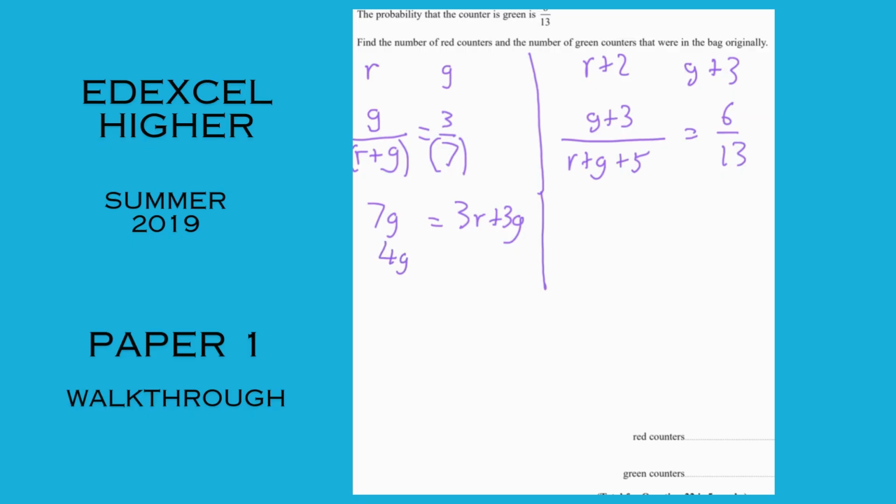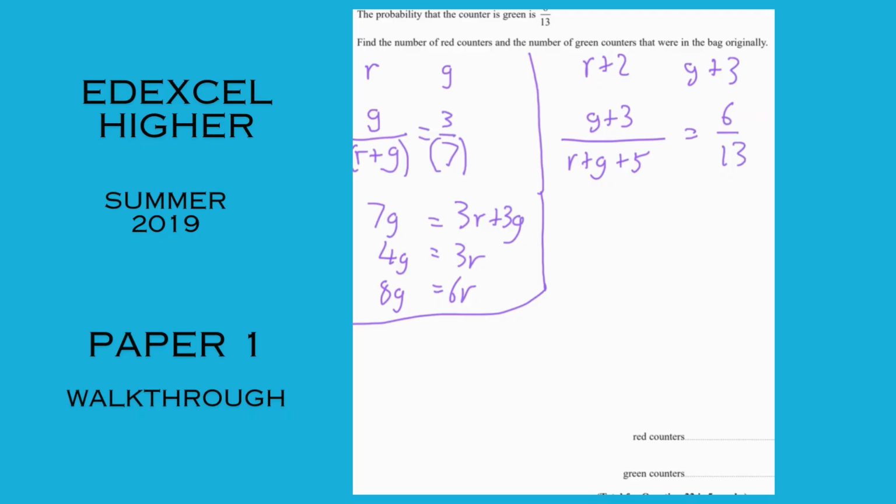I get 4G equals 3R. And for reasons I'll come back to, because I've already done this paper, I always do the papers once before I go through these, by the way, I'm going to double these. 8G equals 6R. And as I say, you'll see why shortly.